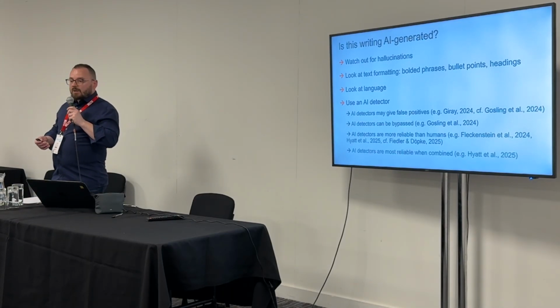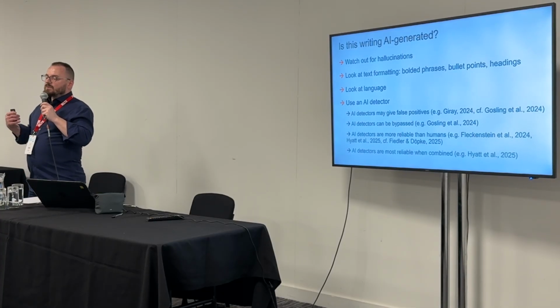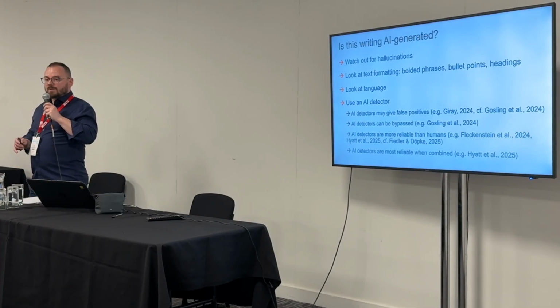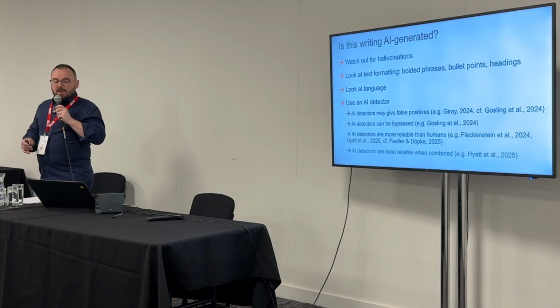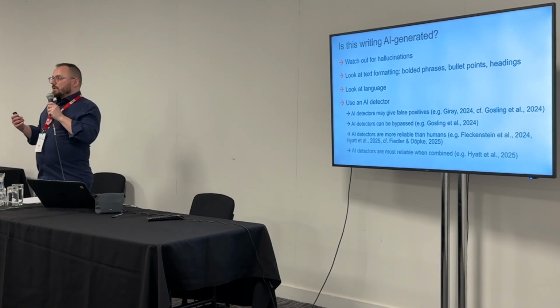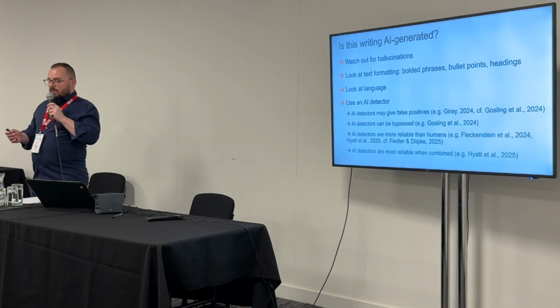I personally would treat an AI detector as evidence only when it tells me this is 100% AI generated, and in combination with other evidence, such as hallucinations, text formatting, language, but also the contents, which leads me to the next point. Let's look at another piece of writing submitted by a student.